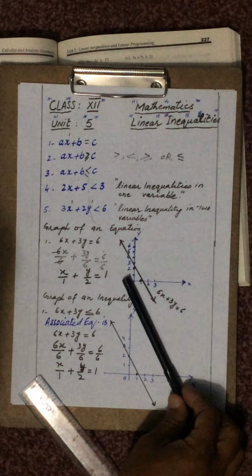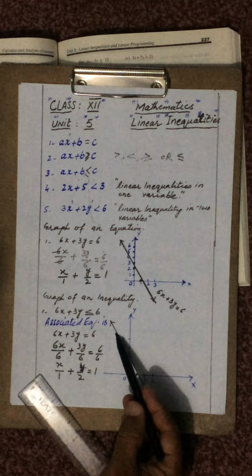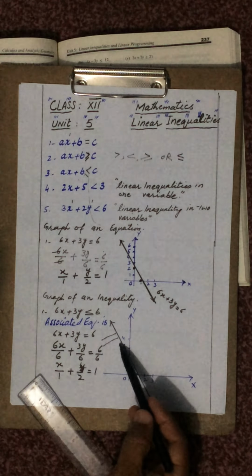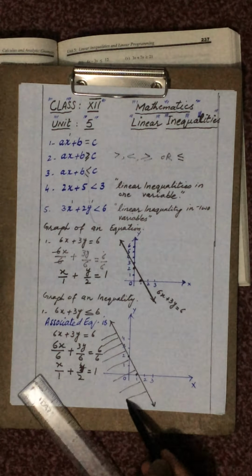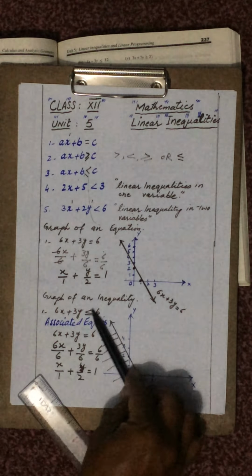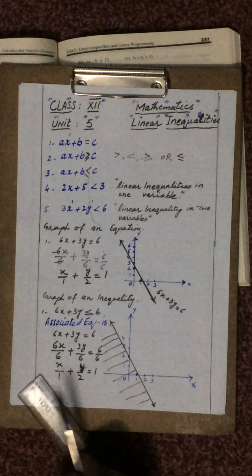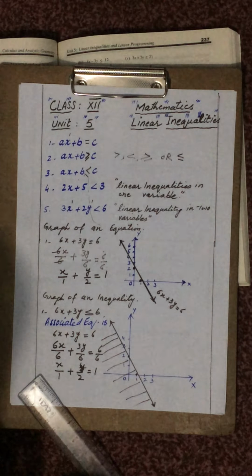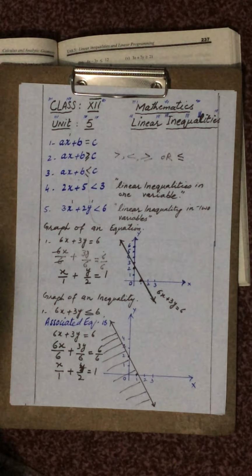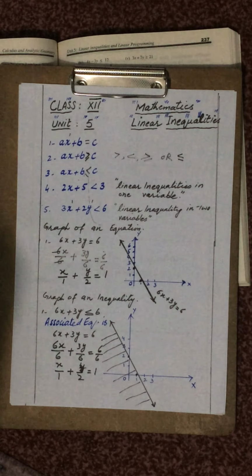Now the graph of this inequality is this one. This whole side is the graph of this inequality. I hope you understand the graph of the inequality.